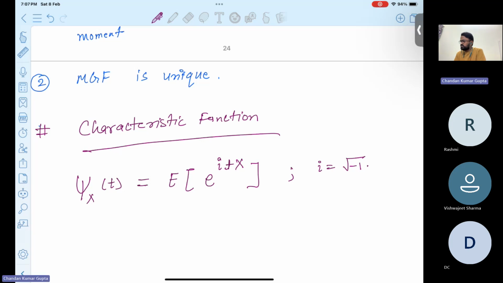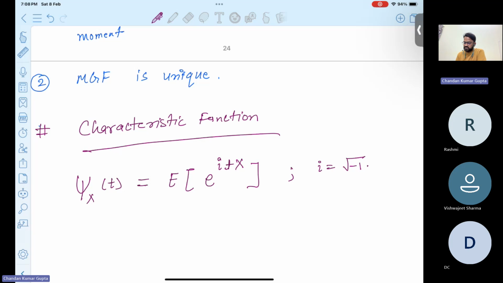And the MGF is valid for random variables in which the expectation of e to the power tX exists and is finite for t in some interval including 0. And for those only, we are able to calculate the moment generating function.